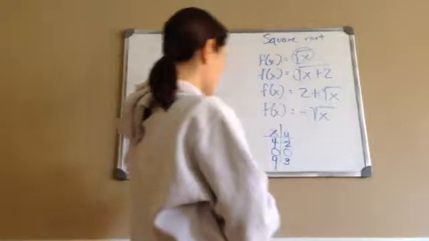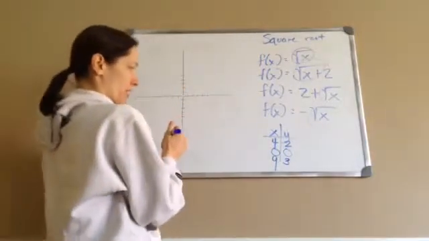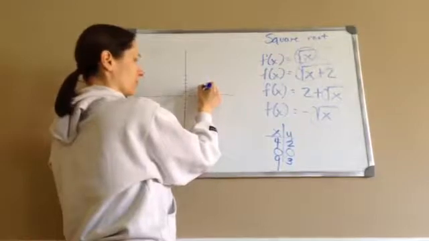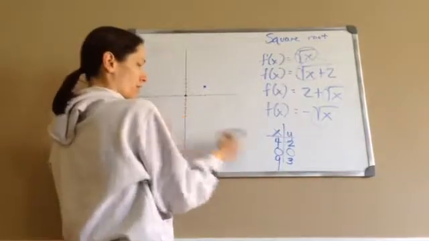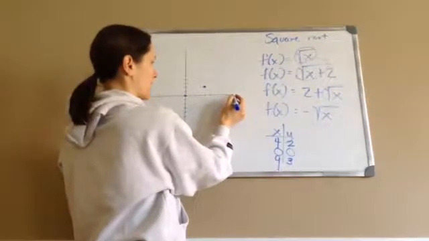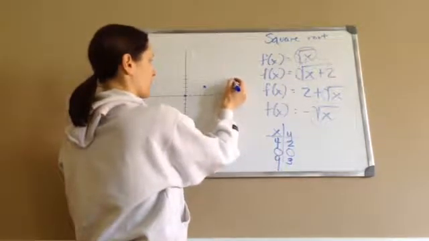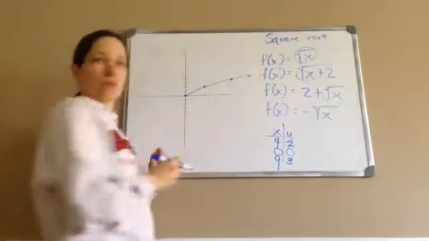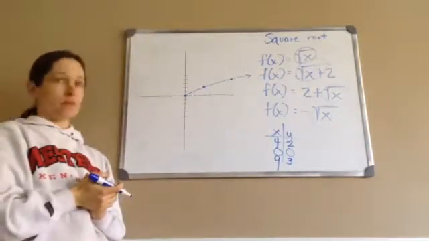Alright, so now let's see what this is going to graph for us. 1, 2, 3, 4, up 2. 0, 0, and 9. 1, 2, 3, 4, 5, 6, 7, 8, 9, up 3. As you can see, what is it doing? It's making a slanted angle.